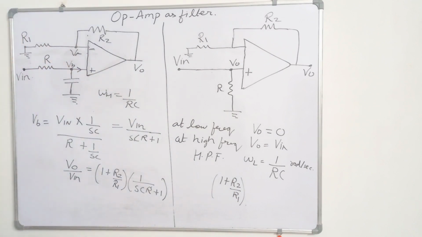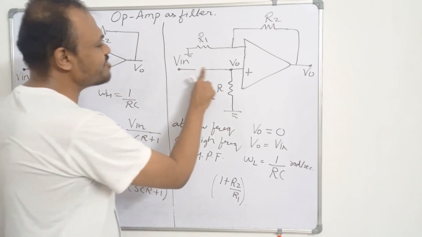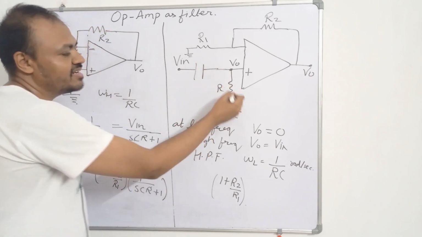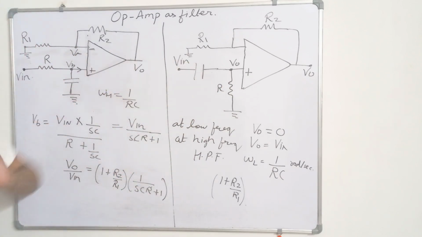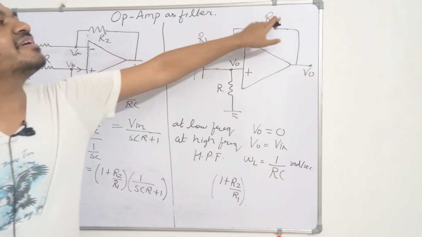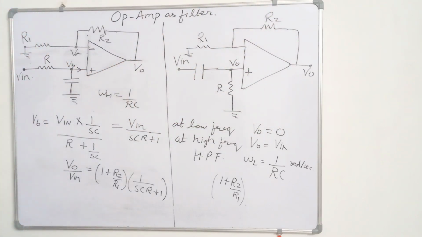So this is the designing of filters using an operational amplifier. If we have this combination where R is connected with the input and the capacitor is grounded, then it is a low pass filter. And if it is this combination where the capacitor is connected with the input voltage and the resistance is grounded, then it is a high pass filter. R1 and R2 will provide the value of gain.